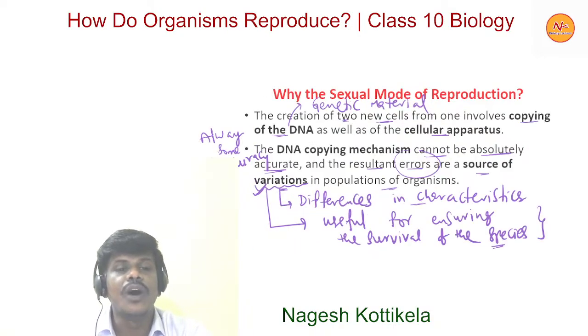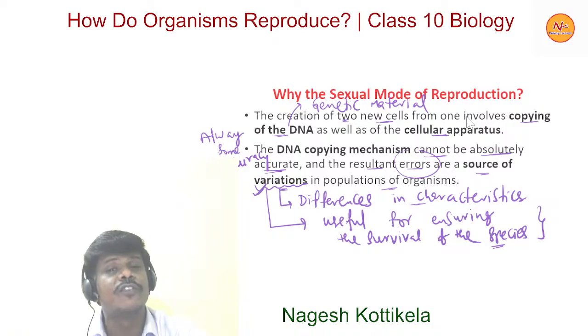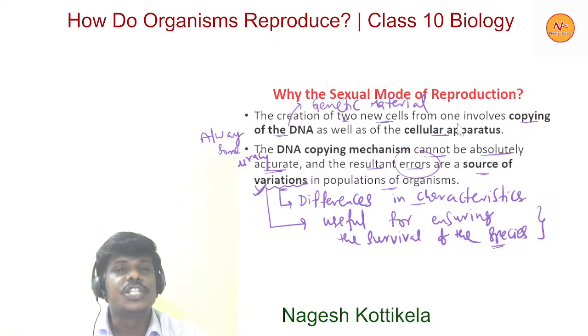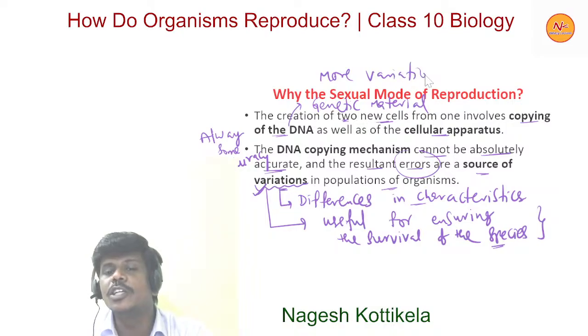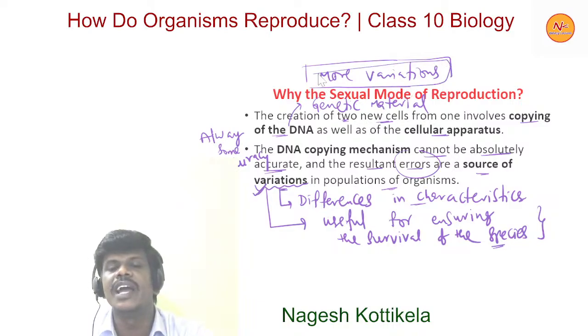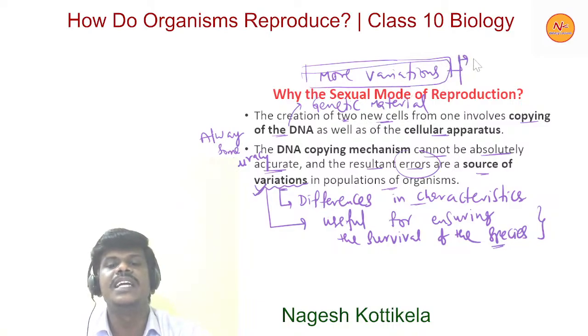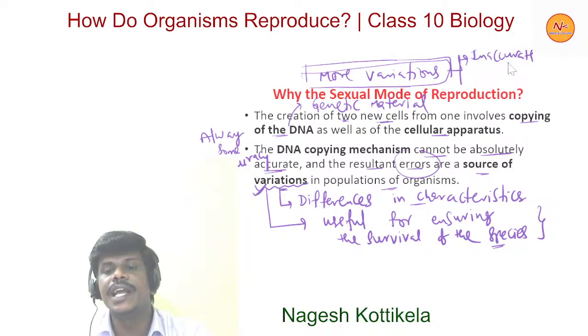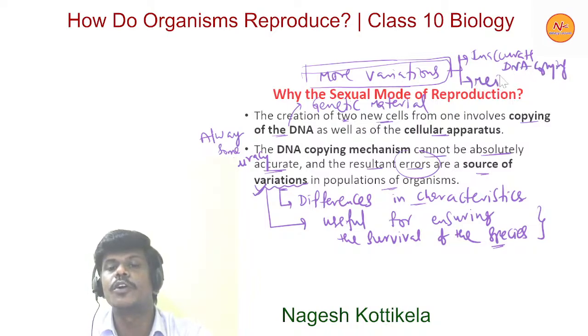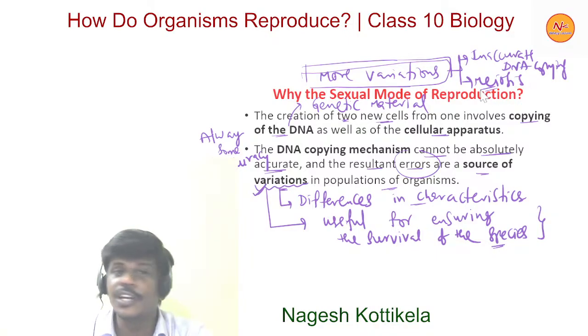And the answer for the question, why the sexual mode of reproduction, is that the sexual mode of reproduction produces more variations. Because of sexual reproduction, there is a possibility of generation of more variations, because of two reasons. One is inaccurate DNA copying, and the other is that during the meiosis process recombination occurs, and that results in variation.